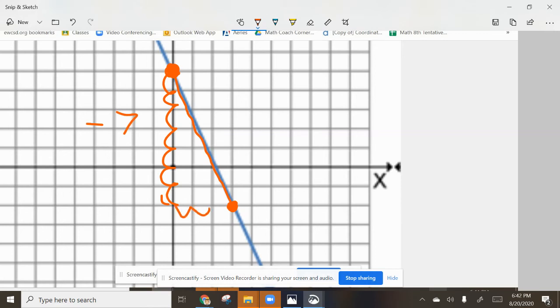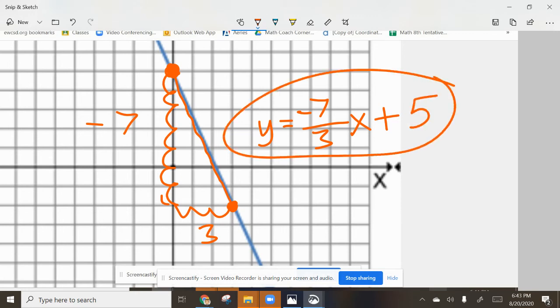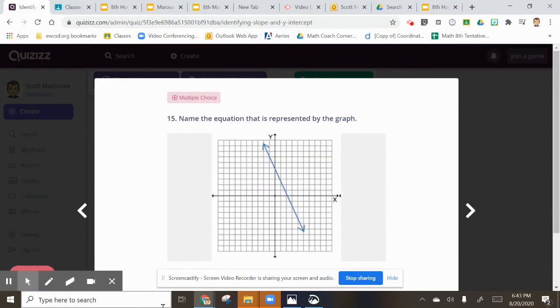Down 7 over 3. y equals negative 7 over 3x plus, what is it, 1, 2, 3, 4, 5. All right, guys, you can do these. They're not impossible.